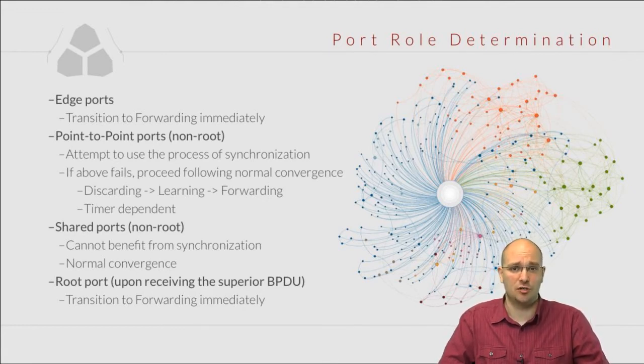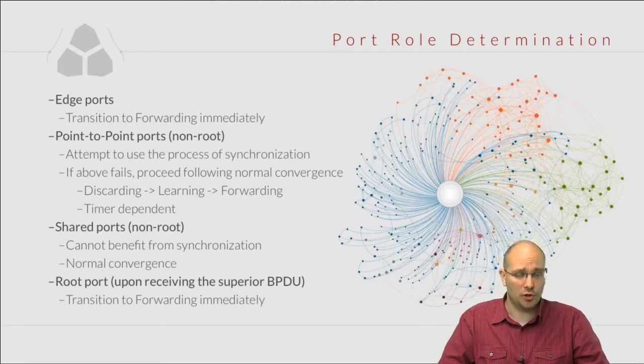If the synchronization fails, the port will need to go through the normal convergence process. That means it will have to transition from discarding state to learning state and finally to forwarding state. And this is timer dependent. In discarding state and learning state, it will need to spend a certain period of time. In learning state, it will have to spend at least the forward delay period.